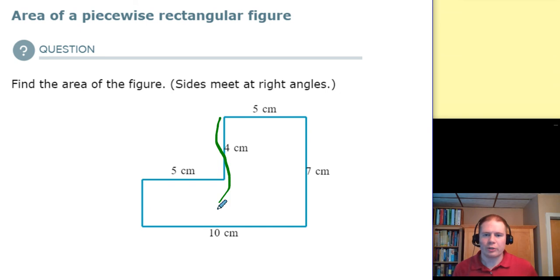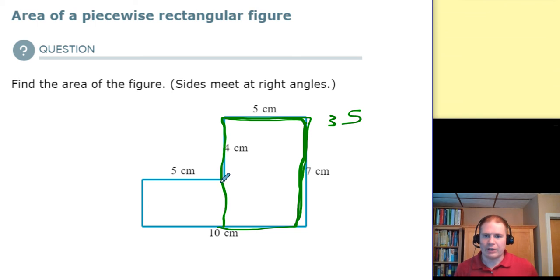You could have done this rectangle. Ooh, I really have trouble drawing straight down here. All right. This rectangle, that's 7 on this side and 5 on this side, so that's 35. And then if I look at this other rectangle, it's 5 by this distance, which they don't tell me.